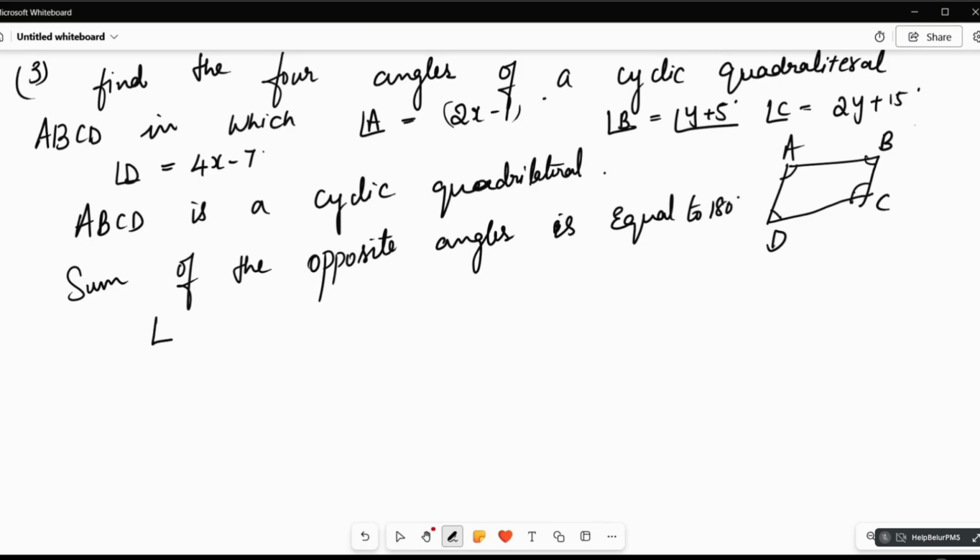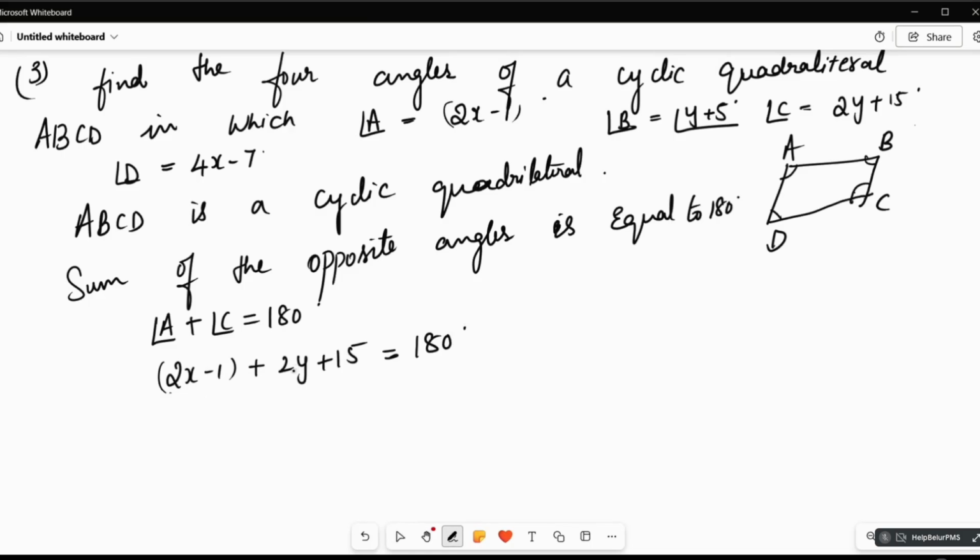So, angle A plus angle C is equal to 180 degrees. So, angle A is what? 2x minus 1, plus angle C is 2y plus 15. So, this should be equal to 180 degrees.